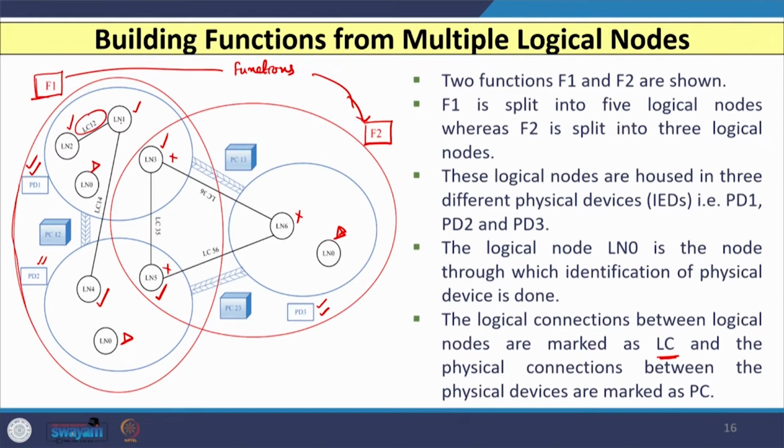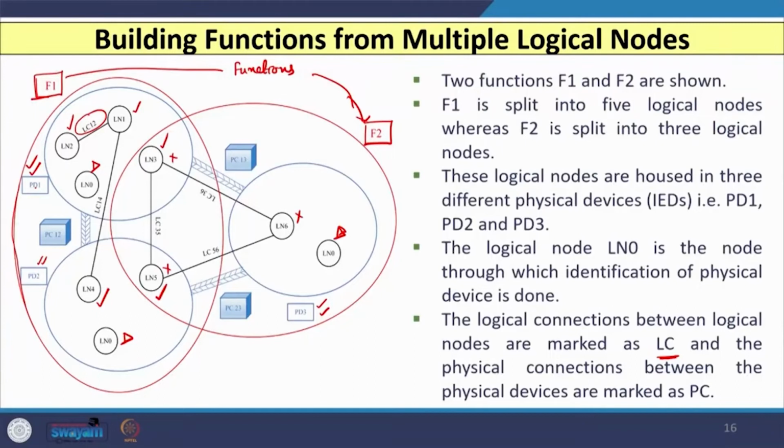You have the connection between, let us say, 1 and 4, LC14. Similarly, you have connections LC36, LC35, LC56 and so on, right. So, there are several connections between two nodes. Data transfer is possible in any direction between the two logical nodes.